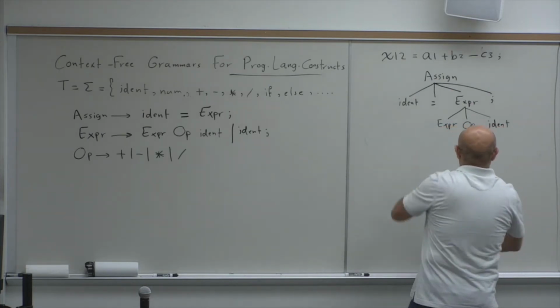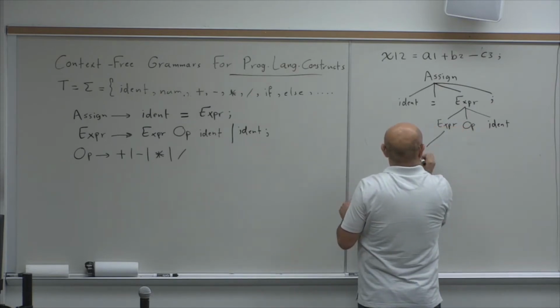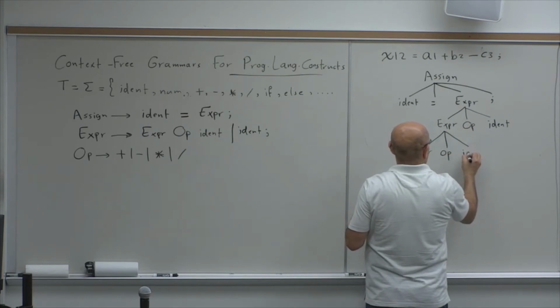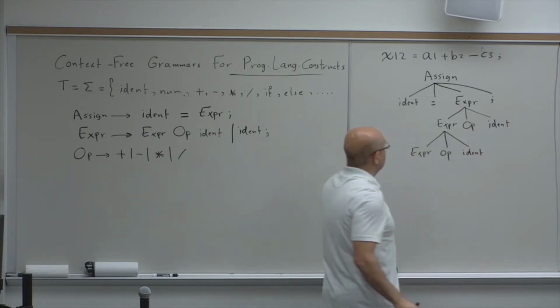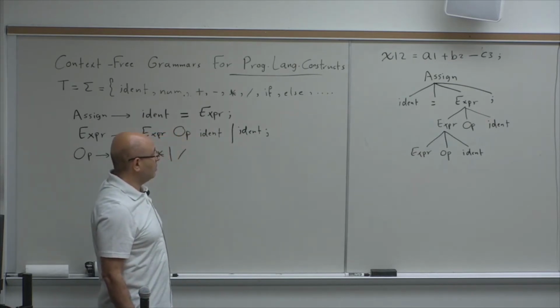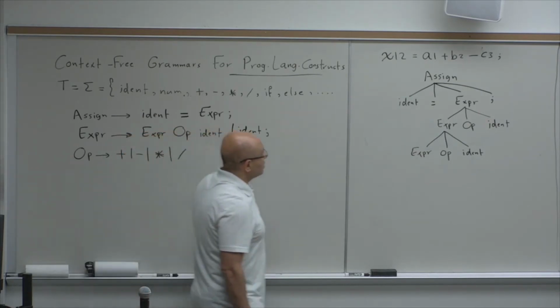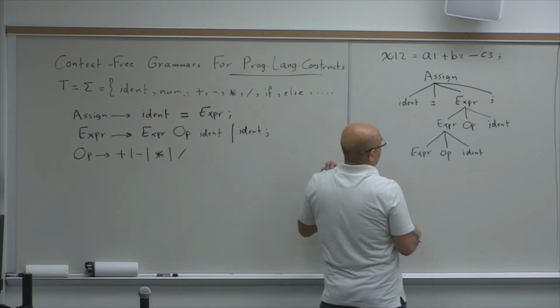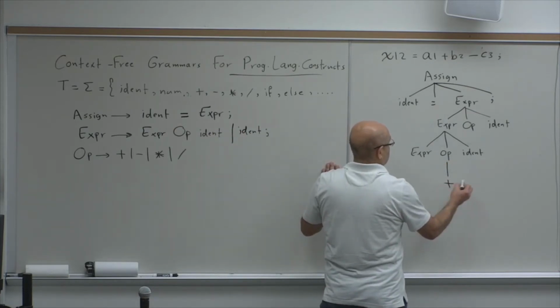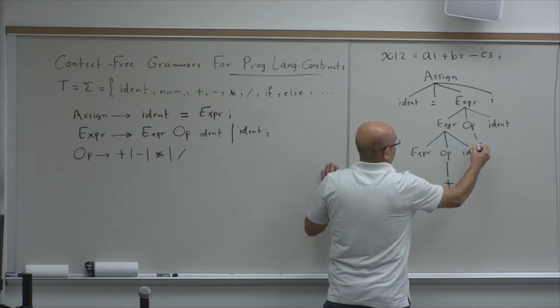So this is the only one that can have another expression op identifier. Is this a complete derivation? No, we don't have terminals yet. So, okay, what's this op? This is the plus, and this op is the minus.